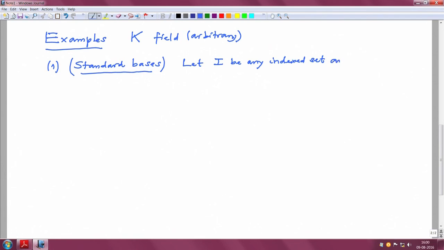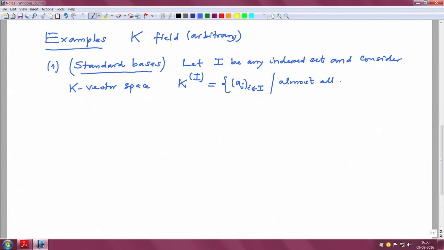And consider the K vector space K power round bracket I. Once again I will write here, these are all tuples such that almost all Ai are 0.